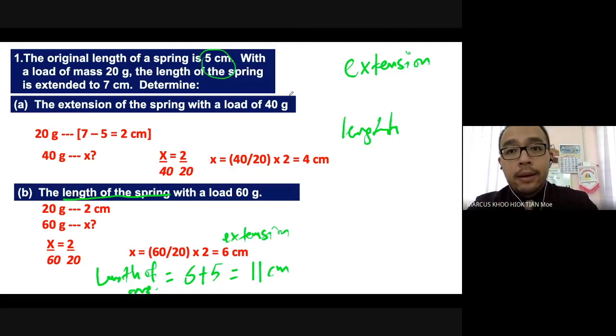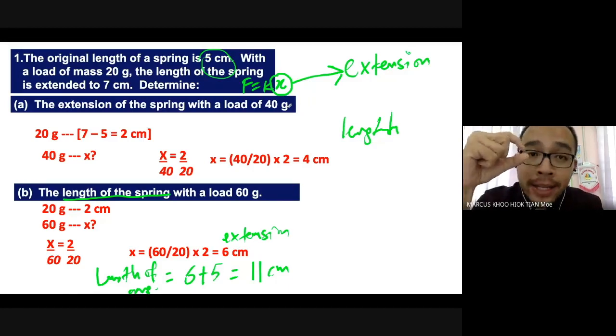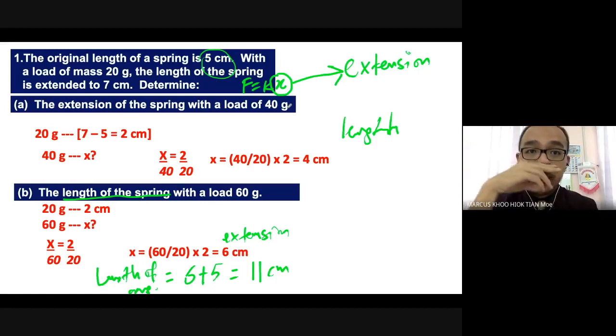But in our formula, F equals Kx, this X refers to the extension, not the length. Let me remind you once again. X refers to the extension, berapa banyak dia memanjang. Bukan berapa panjang selepas dia dipanjangkan.